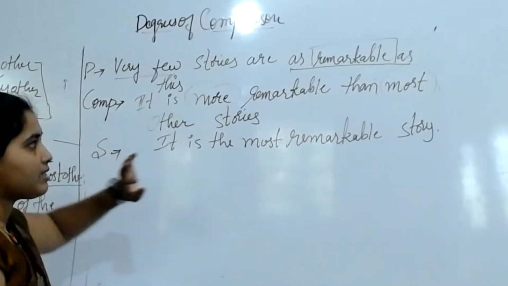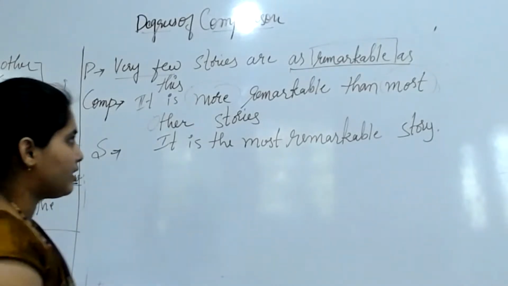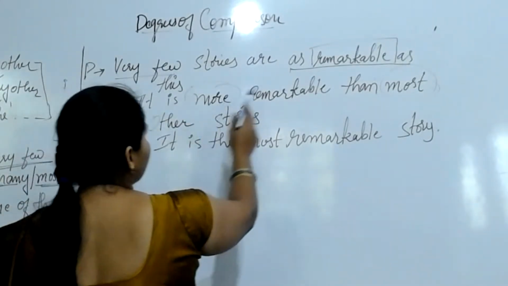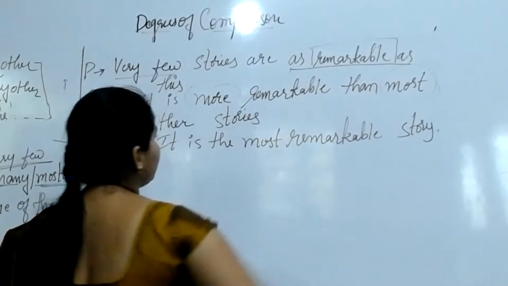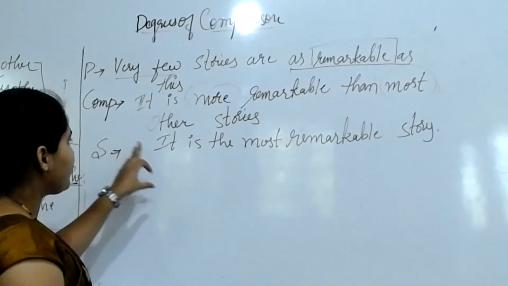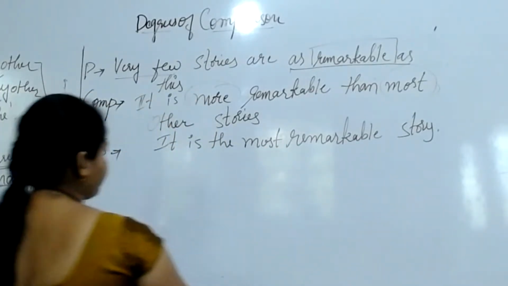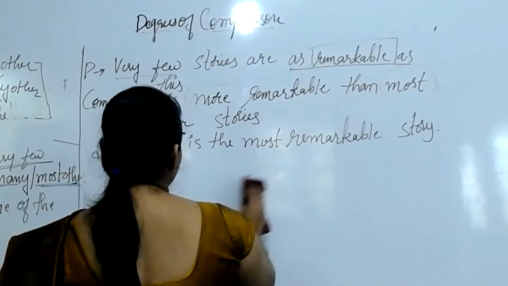Now most other means, as per rule, if the sentence starts with very few, you have to use most other in the comparative degree. So it is more remarkable than most other stories. And the superlative degree is the same: it is the most remarkable. Sorry, it is one of the most remarkable.